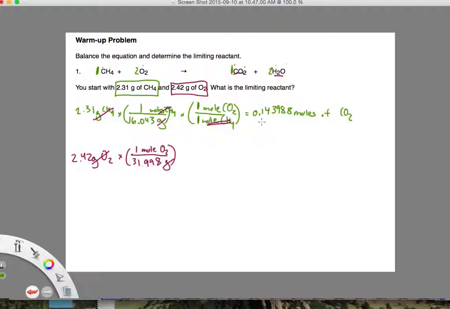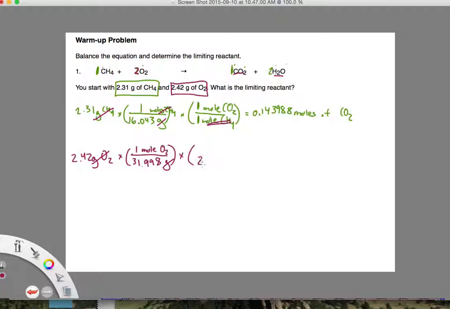Okay. Now I'm going to do the same process over here, except now my molar ratios might be a little different because you've got the 2 right here. Check that 2 out. So in this case, we've gone from grams into moles of O2 molecules. So now we're going to see how many O2 molecules there are for every CO2.